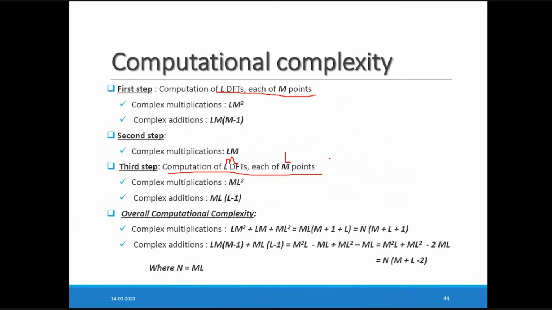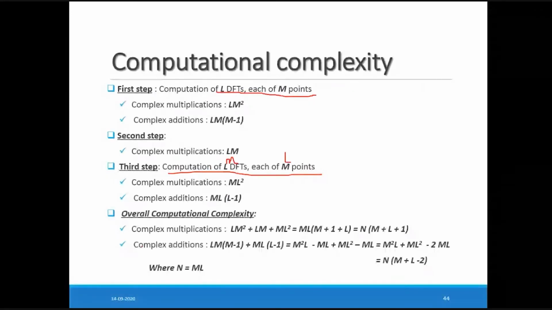But either you multiply M with L or L with M, this will remain same. That is right, sir, but I was just talking about what is written. You are correct. So this thing is a misprint in the book, maybe. So computation of L DFTs for M points or computation of M DFTs for L points. Okay. Yes, sir. Thank you, sir.